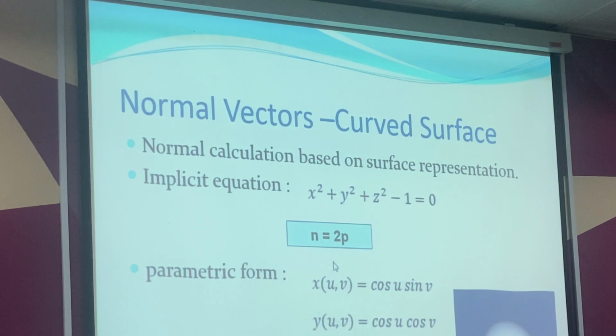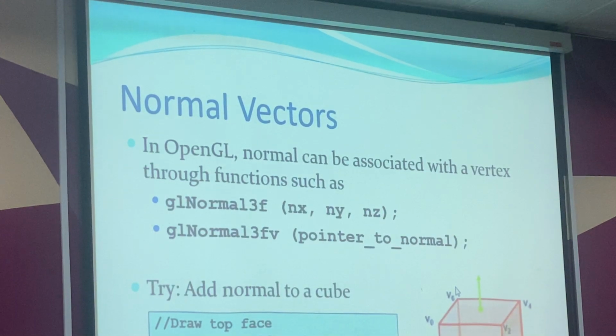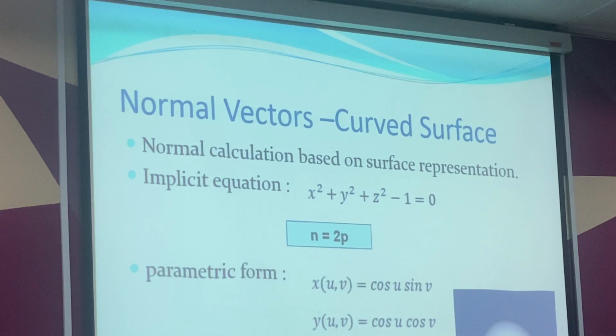We didn't use x and y, we used u and v. So your x will be cos u sin v, and your y is cos u cos v. Your z is sin u. And don't worry, your miss won't test you on this, because in OpenGL you don't need to give the equation just now. No need to give.